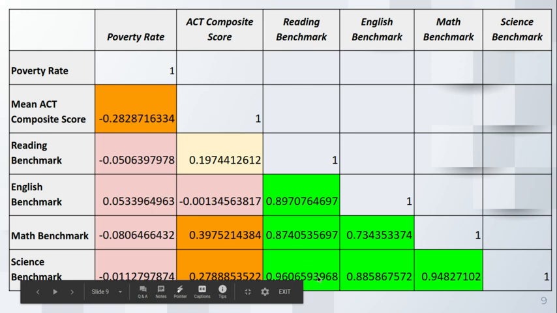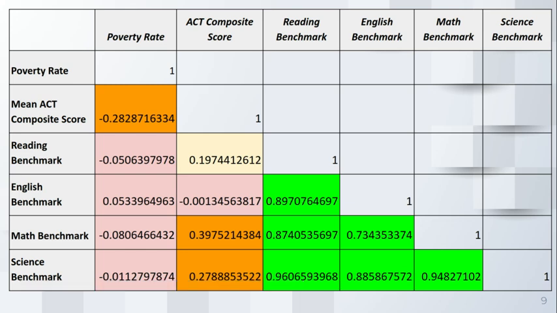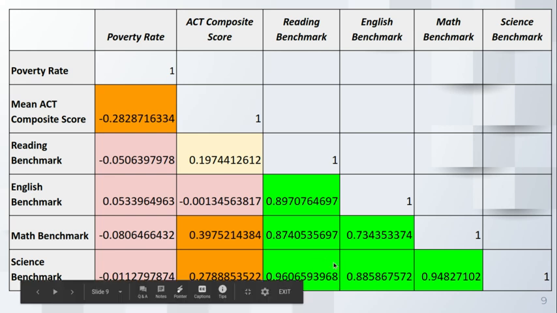And we can speculate why that is, but in my reviews of the ACT and prepping our kids for the ACT and even the Aspire, science is a lot of reading. It's a lot about vocabulary and reading charts and understanding a short paragraph. And that's something that I think is why it really relates closely to that. So here you have a strong correlation, which let's focus on science and reading.